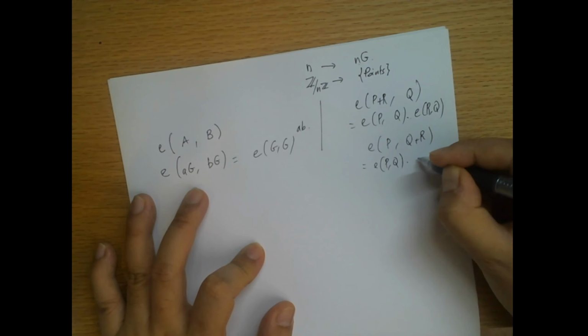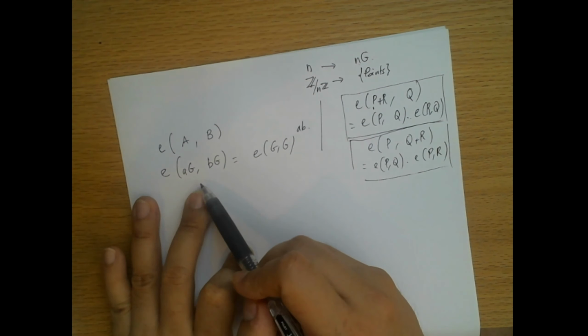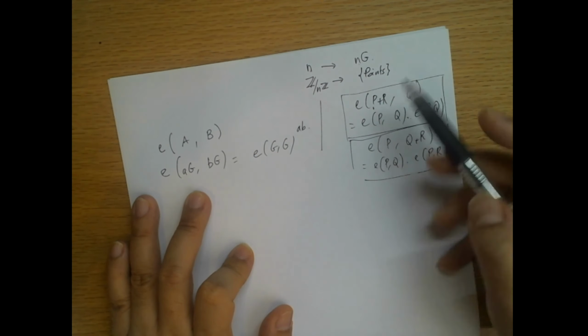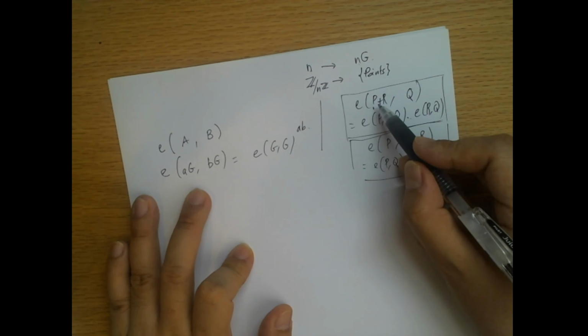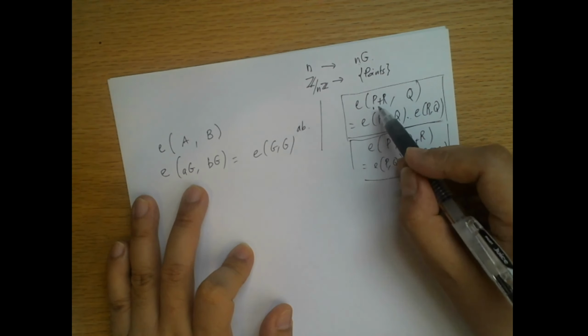So this is actually the more general definition. But if you have this, then obviously you have that as well, right? Because what you do here is that A is, if it's A times G, then you have G plus G, A times. G plus G is a division of AG.